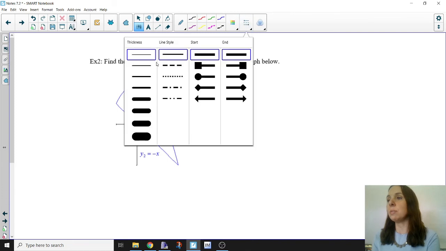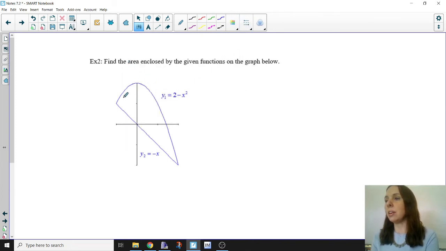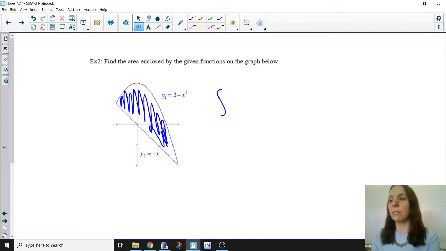If I give you this picture and I say, find the area enclosed by the given functions, that would be this region. All you need to know is that you are setting up an integral from this value to this value. Now, you could confirm by graphing these for yourself, but I'll just tell you this is from -1 to 2, of the upper curve minus the lower curve, upper function minus lower function.